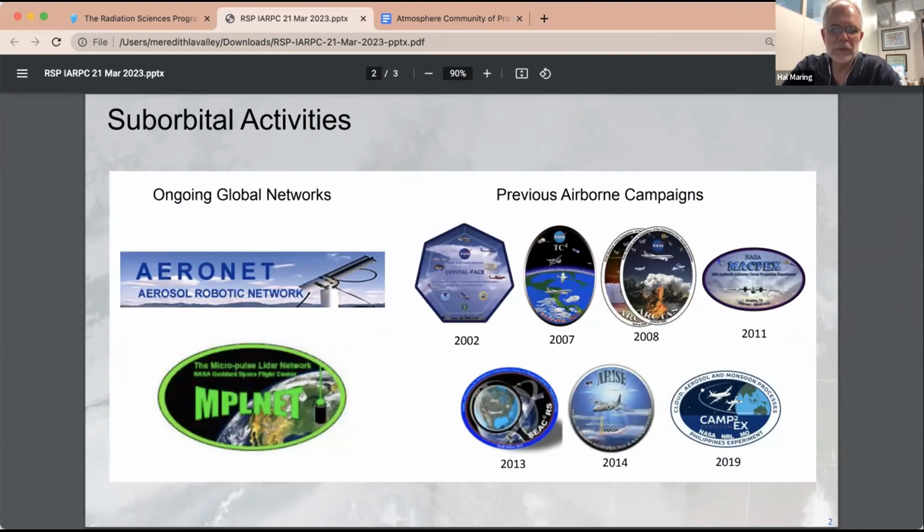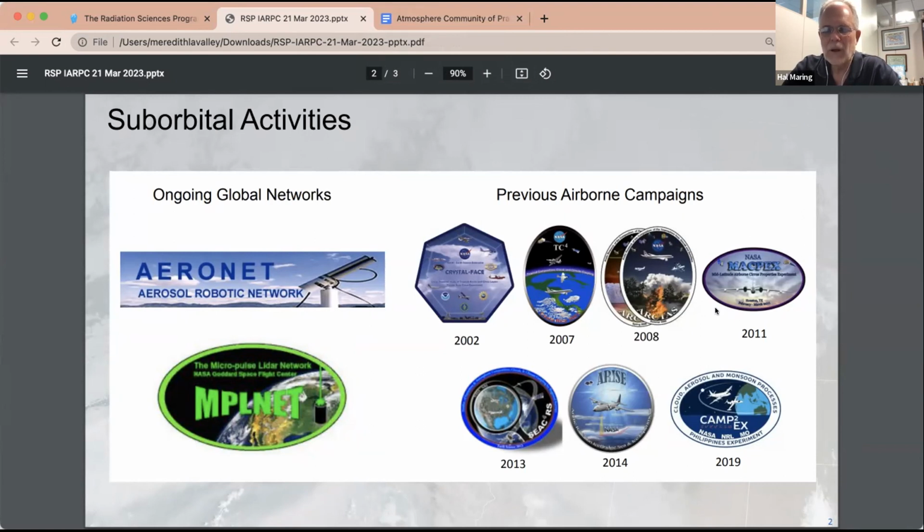I help support two ongoing global networks: the AERONET network, which is about 450 CIMEL sun photometers, which measure aerosol optical depth and aerosol properties on a global basis, and then MPLNET, which deploys micropulse LiDARs in various locations to measure the vertical distribution of aerosols and clouds.